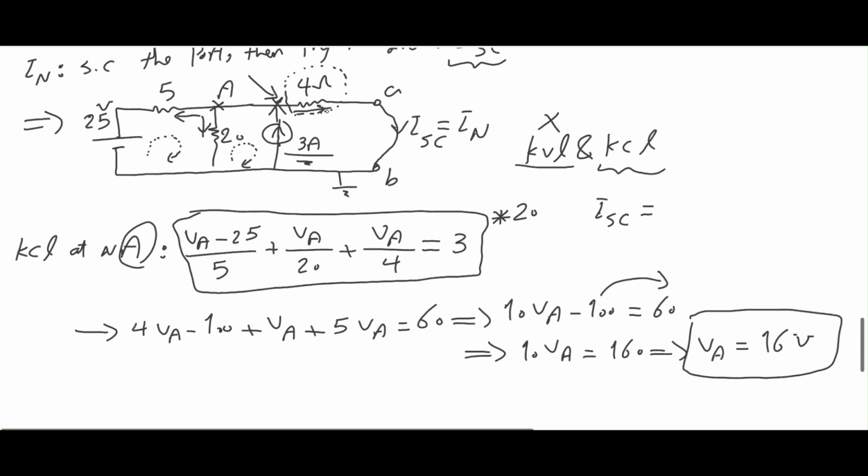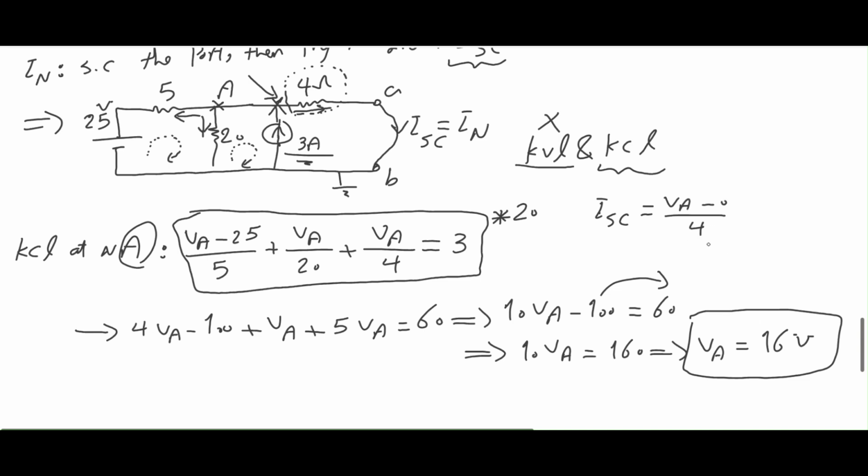So the current flowing into the 4 ohm resistor is the voltage across 4 ohms divided by the resistor, which is 4. So the voltage is VA minus this side, which, if we follow, is the reference voltage, 0. So VA minus 0 divided by 4.